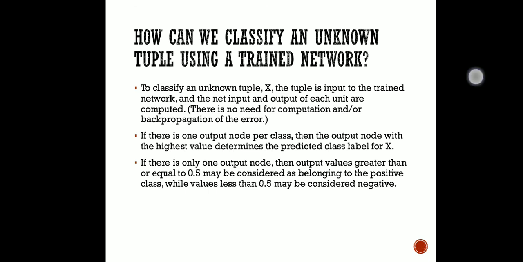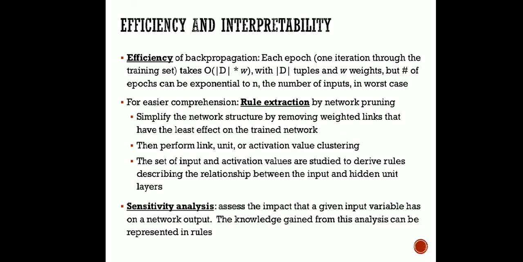And if we look at the efficiency of back propagation, if d is the number of tuples and w is the number of weights, it will take order of d multiplied by w, and this is the total time complexity. In rule extraction, sometimes before building the total network, a pruning process is also carried out.